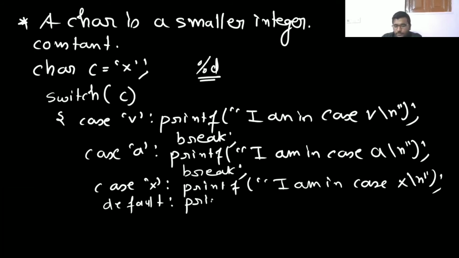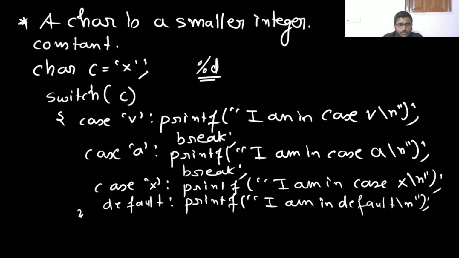What is going to be the output? See, in the previous lecture you were present. If you write something like this, that is not x, it is the ASCII value of x.